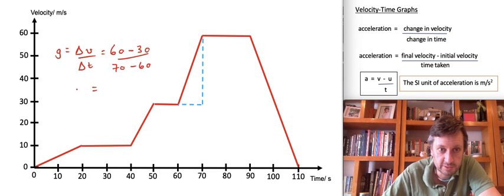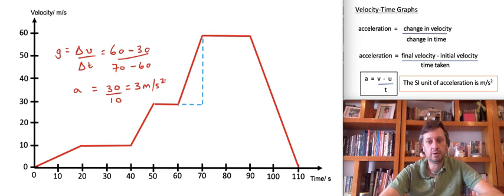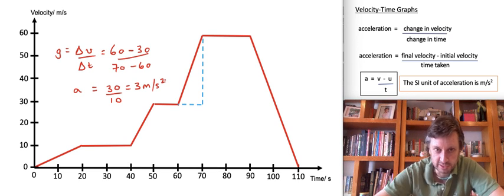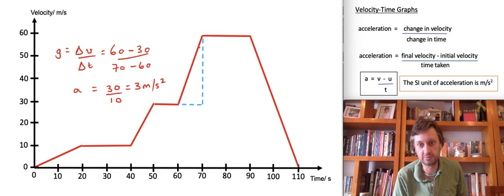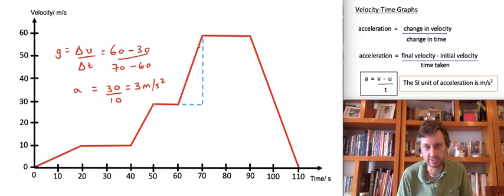Okay, that means the acceleration is 60 minus 30, which is 30, divided by 70 minus 60, 10. That acceleration is equal to 3 meters per second squared. Okay, I hope that made sense. You should be able to see that for the three slopes we saw, the gradient increased each time, and therefore our calculation of the value of acceleration increased each time.